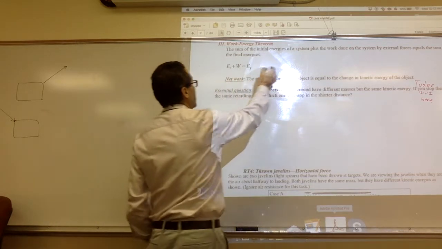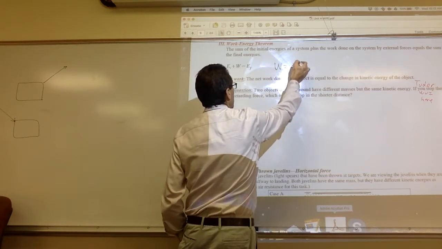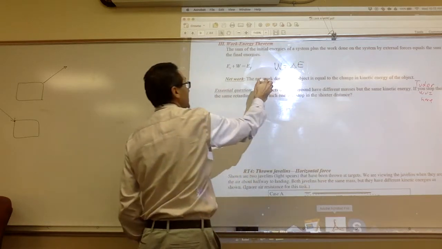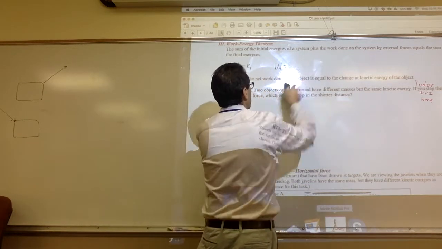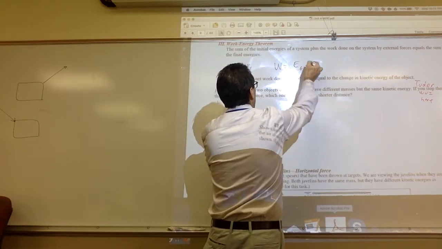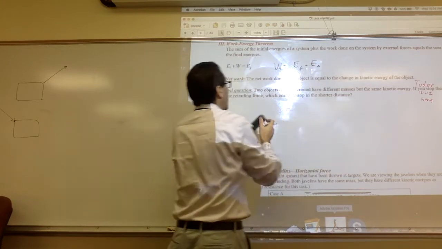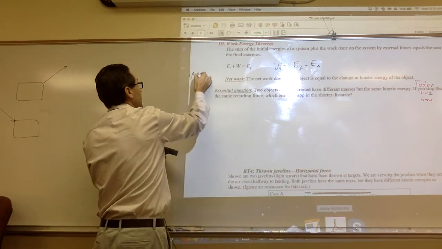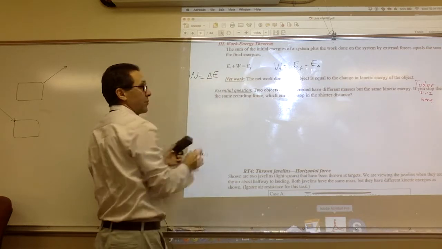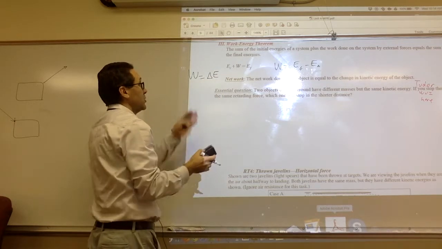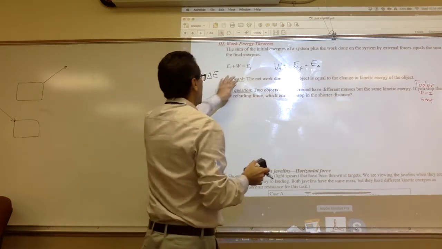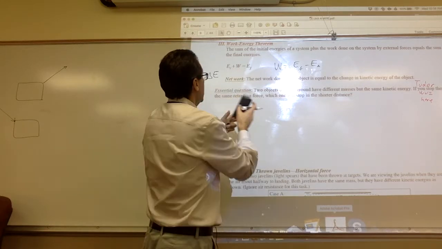Okay. Now, instead of writing W equals change in energy, now change in energy is energy final minus energy initial. Now, it's very rare that you're going to see me writing it like this, okay? Even though your formula sheet shows it like that, I'm going to always write it like this here.